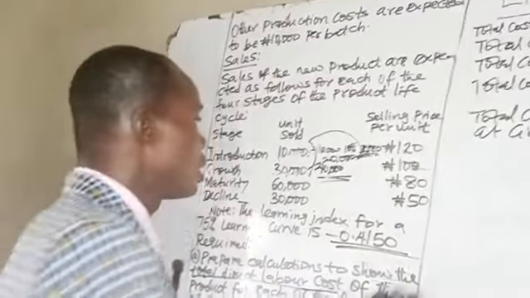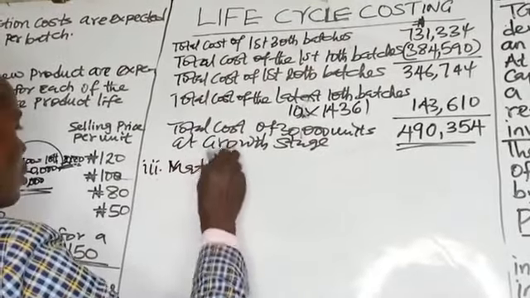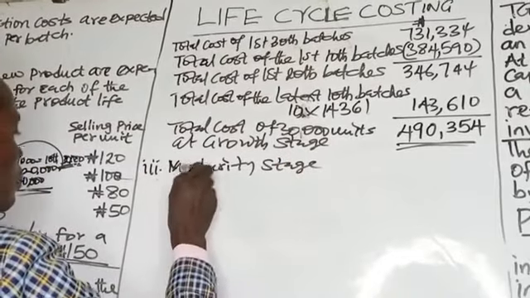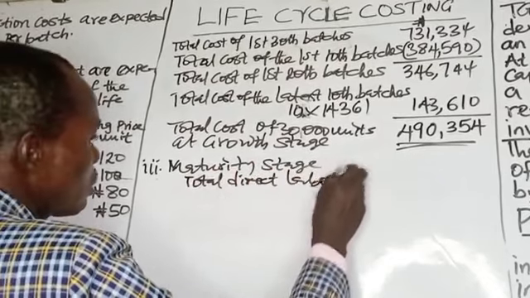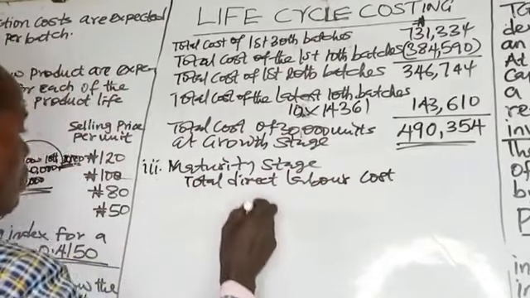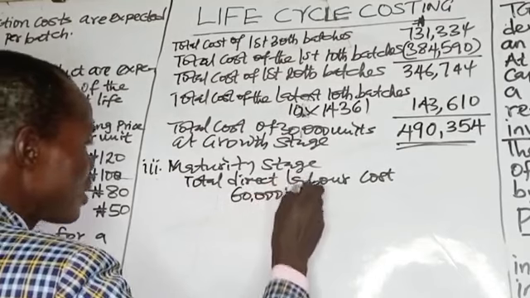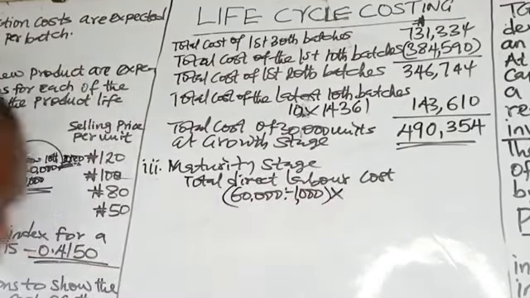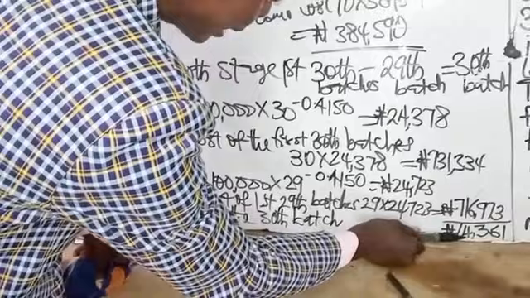So maturity stage, which is the third stage, total direct labor cost will now be the 60,000 that was produced divided by 1,000, since a batch is 1,000, times, and you were told the cost after the 30th batch will remain steady, 14,361.